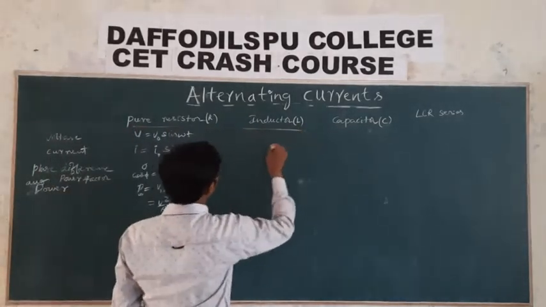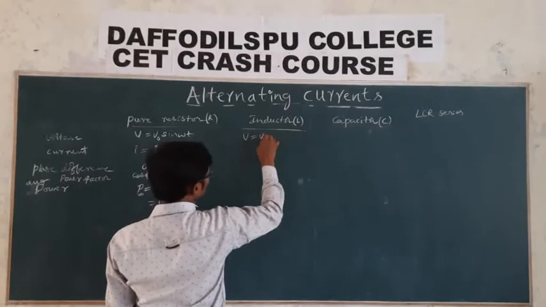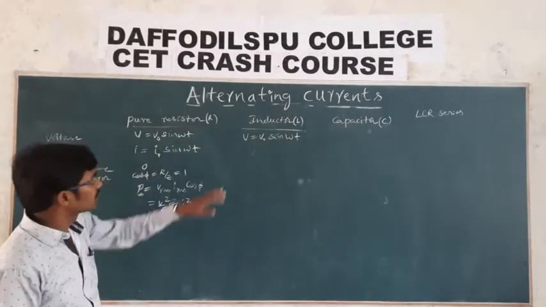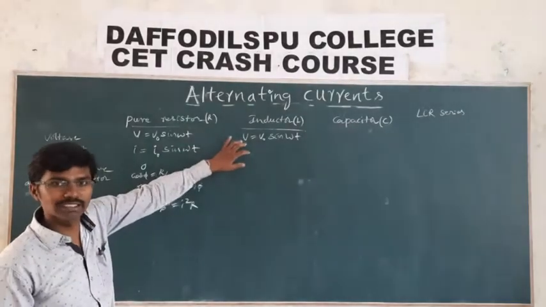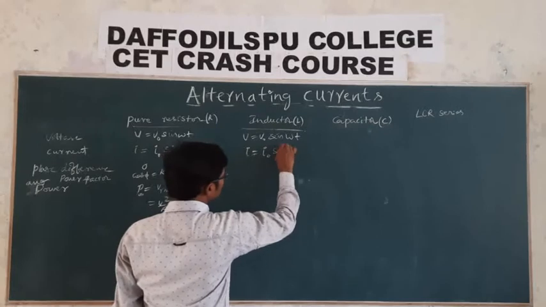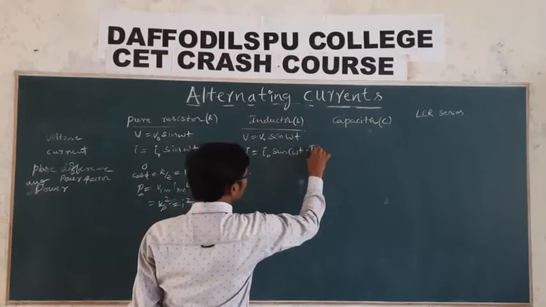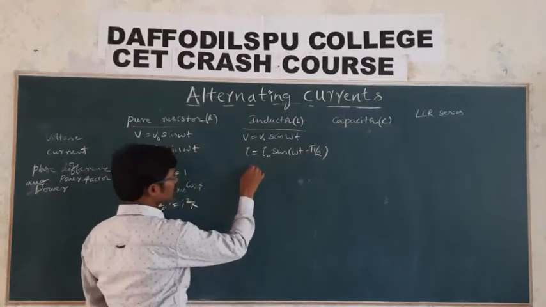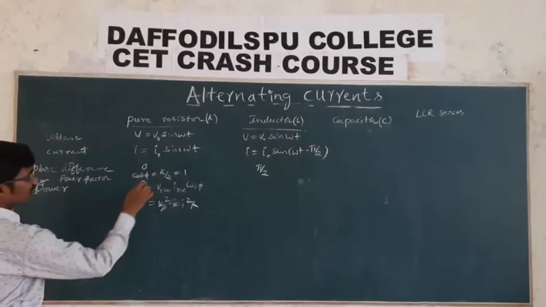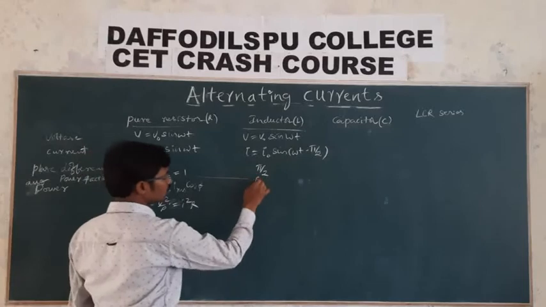For an inductor circuit, V is equal to V naught sin omega t. Remember, the current lags behind the voltage by pi by 2. Then I is equal to I naught sin omega t minus pi by 2. The phase difference is pi by 2. Then the power factor is equal to 0, because cos pi by 2 is 0.